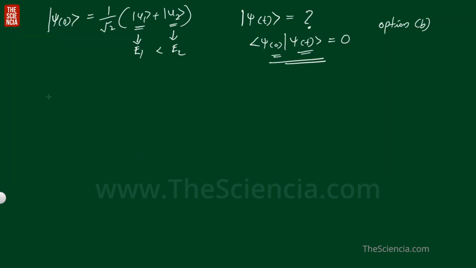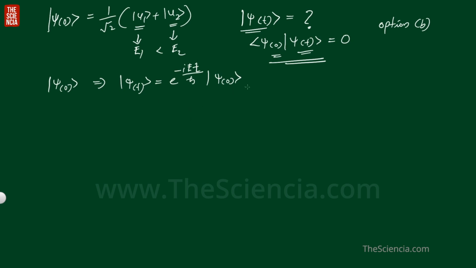So here first we have to find psi of t. I already told you how we can find the time evolution of a wave function. That is, if some wave function is given at 0 time, then we can find psi of t, the wave function at a time t, as e raised to minus i E t by h cross times ket psi of 0.